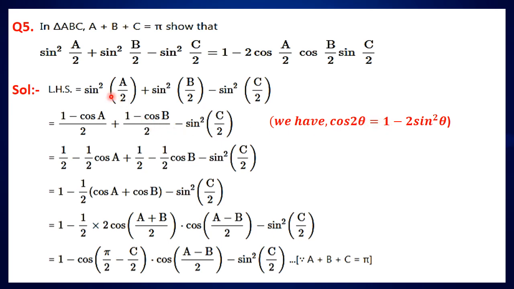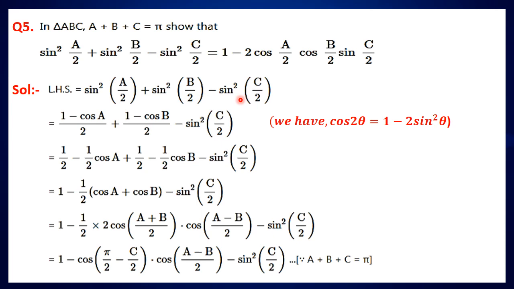So we apply that formula here. sin²(A/2) can be written as (1 - cos A)/2. Here in place of cos 2A we have only A because it is θ by 2, half of the angle. If it is 2A, then we get sin²A. If it is A, again we make the half of A, that is A/2.